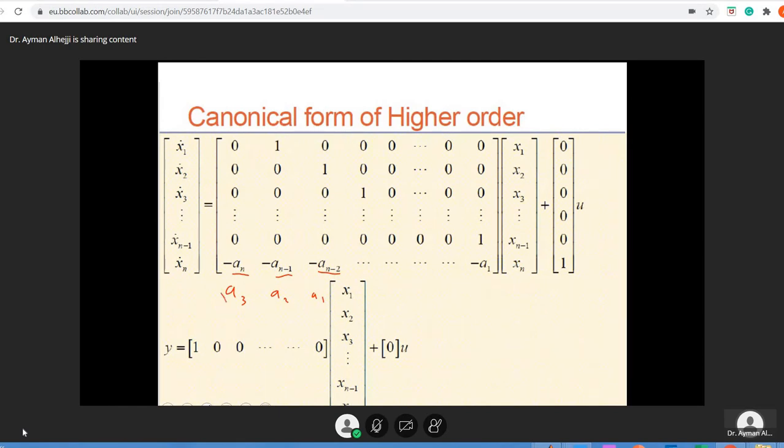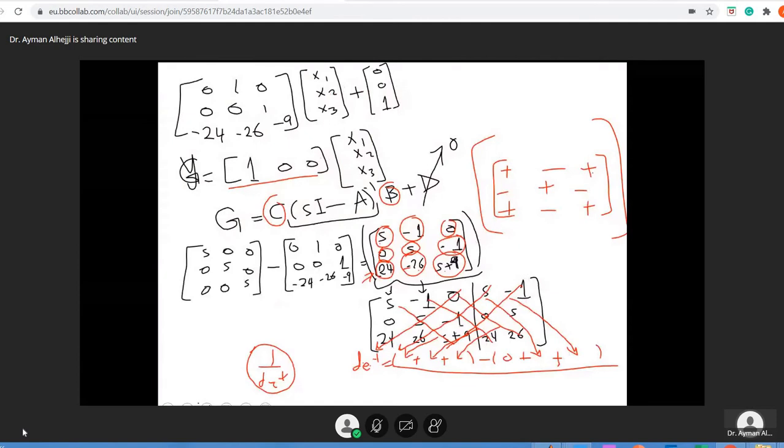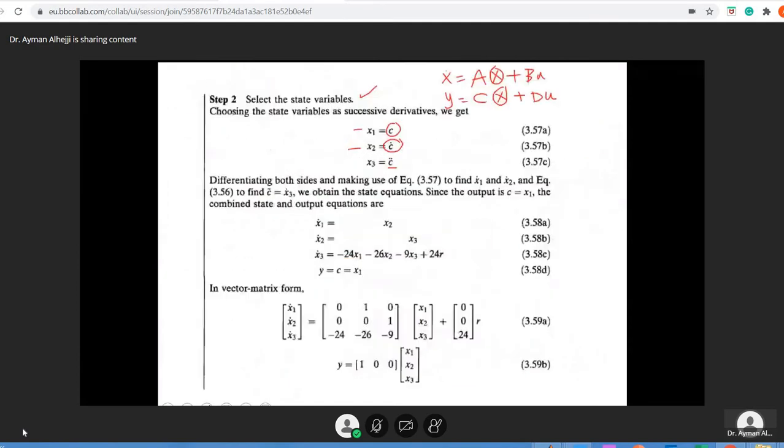So I must have only 3 elements. In our example, I have a question for you. When we make the state space, how many elements will be in this row? How many elements, guys? 3 elements, right?